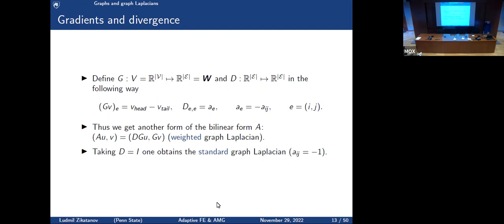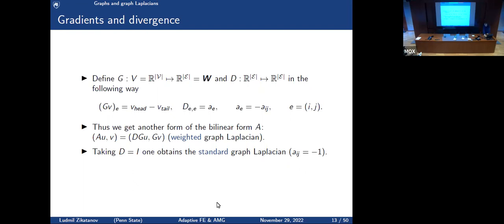Okay, then one can write this A(u,v) as (D gradient u, gradient v), and this D corresponds to, you can think about, hydraulic conductivity, or whatever you want if you are in the case of a discretization.